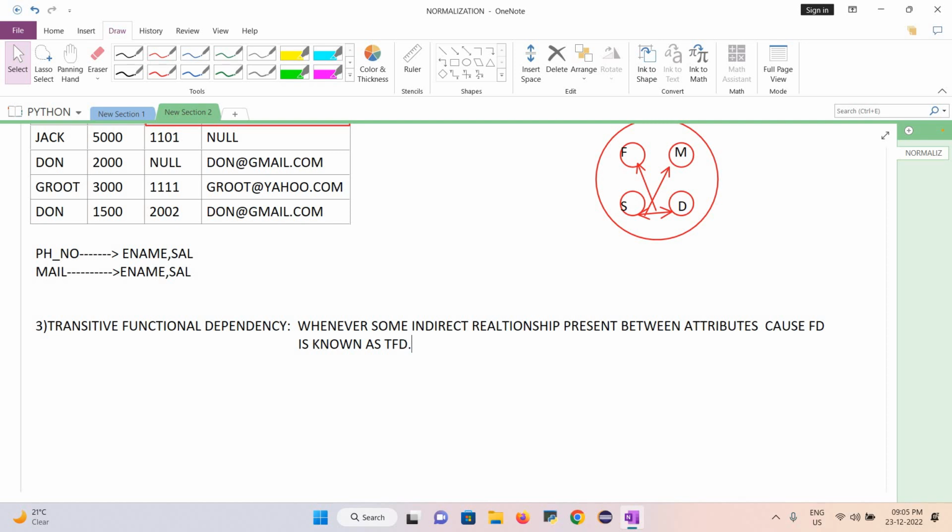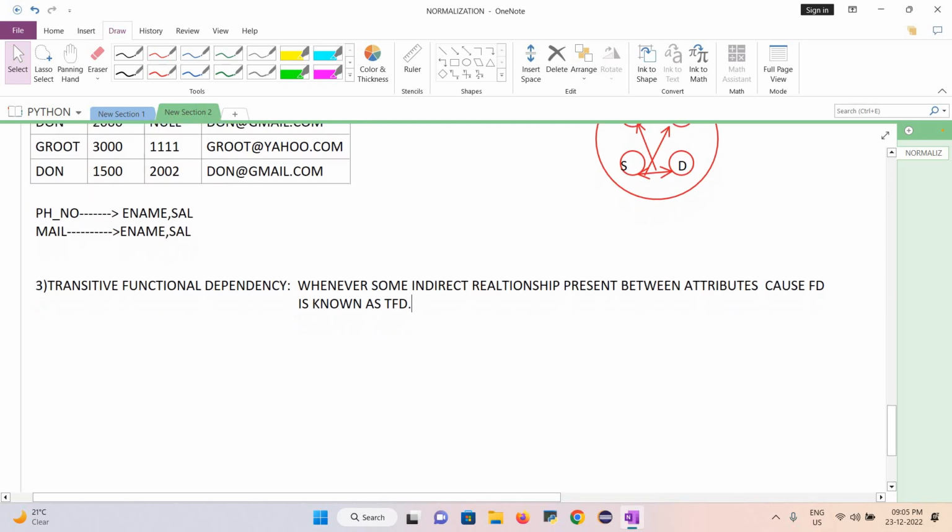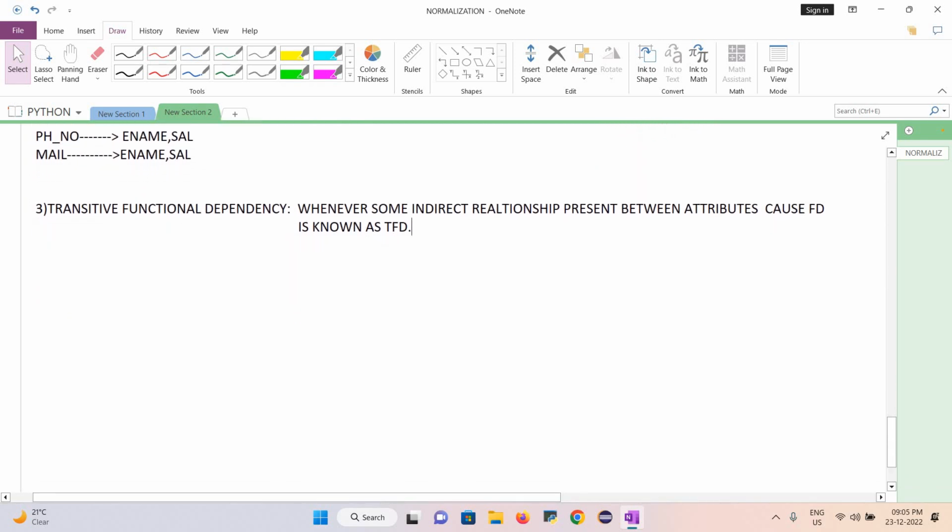So some indirect relationship between the attributes that causes a functional dependency is known as transitive functional dependency.